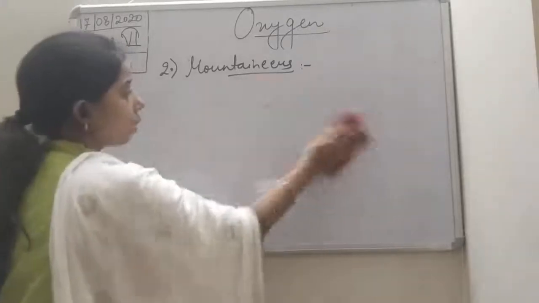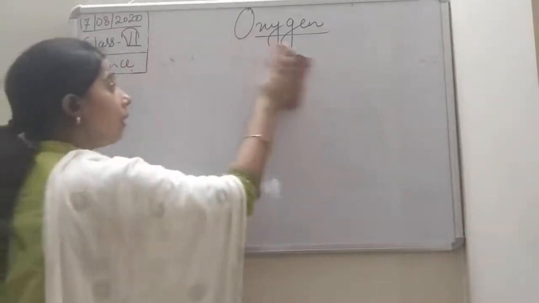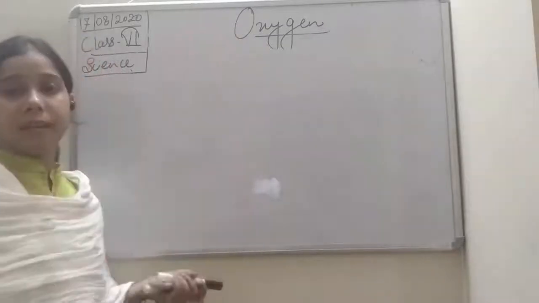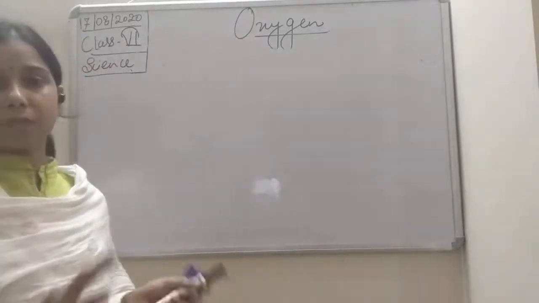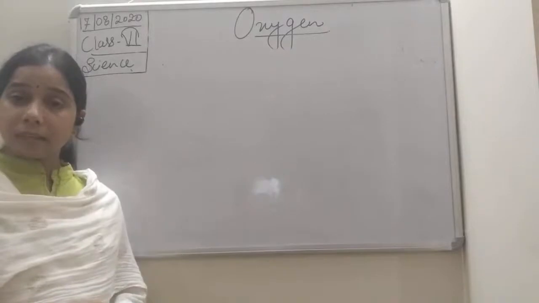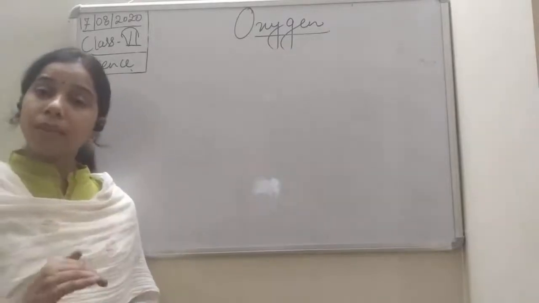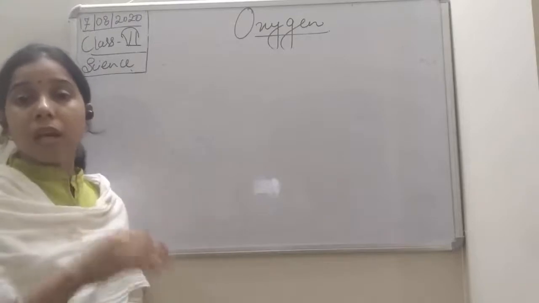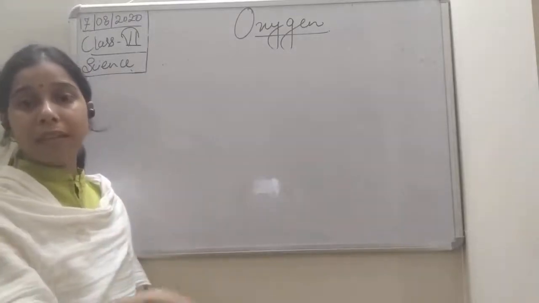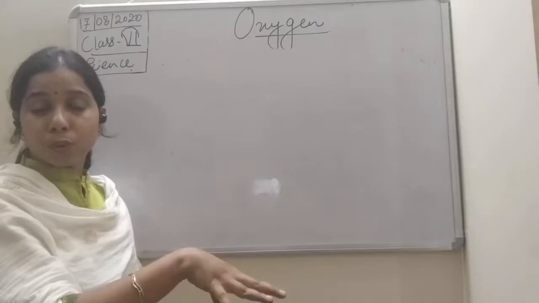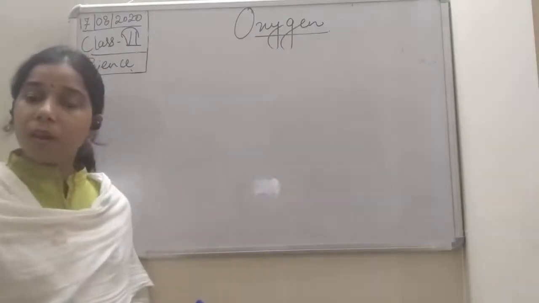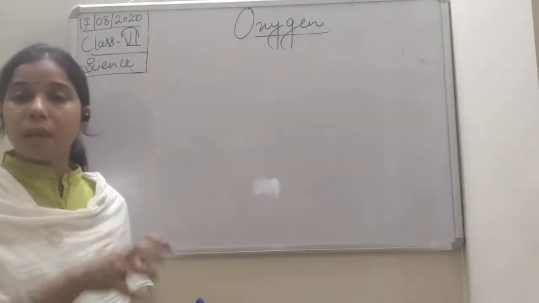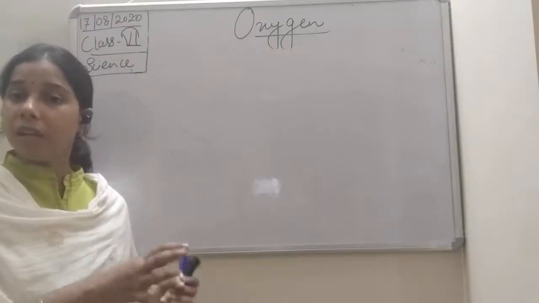Here we are talking about the mountaineer going to a higher altitude, where we face this problem. But the third one is that not only when we go to a higher altitude, but when a diver jumps to the depth of the sea, there also the amount of oxygen is comparatively low.